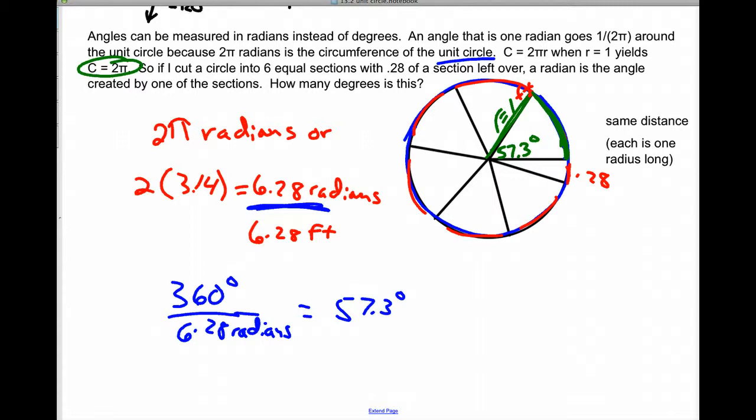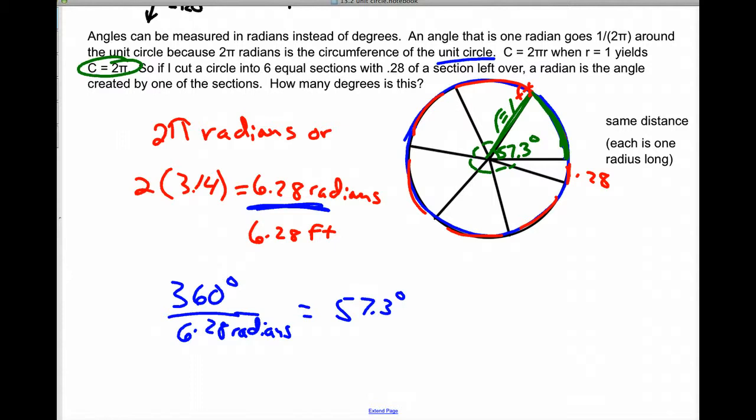If I take 57.3 and multiply it by 6, I won't quite get 360. But if I multiply it by 6.28, that'll get me to 360. So a radian is about 57.3 degrees.